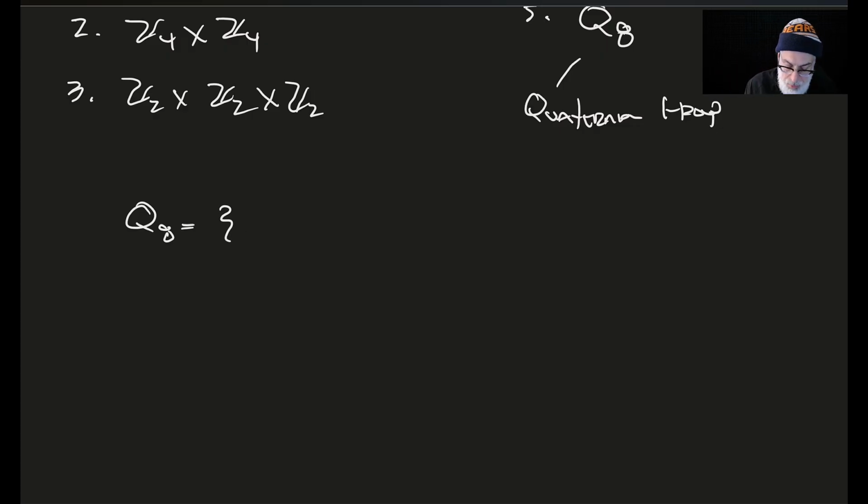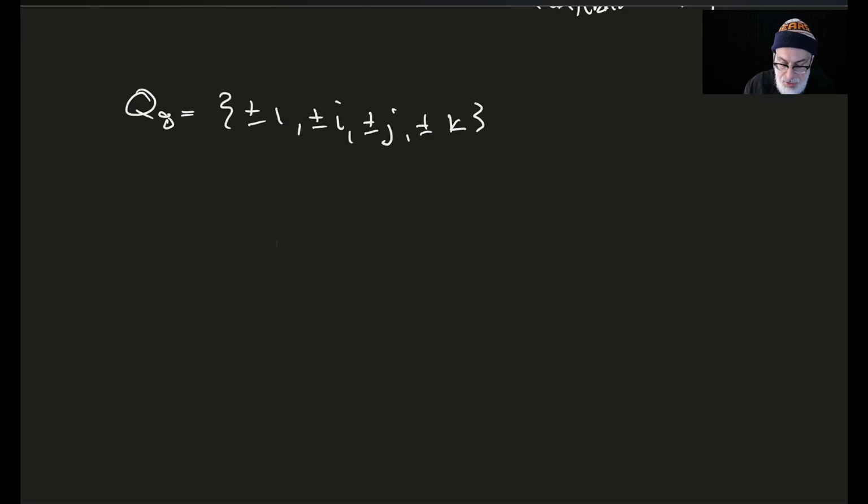So just as a little preview, the quaternions are listed this way, and I'm not going to get too much into it because I want you to watch the next video. So this is a set that has positive and negative 1, I, J, and K. Now you might want to know what I, J, and K do.